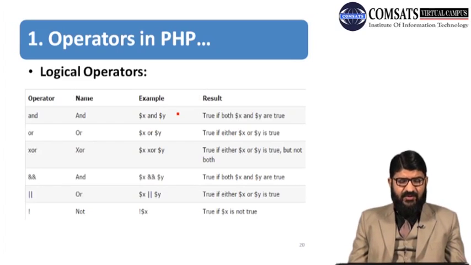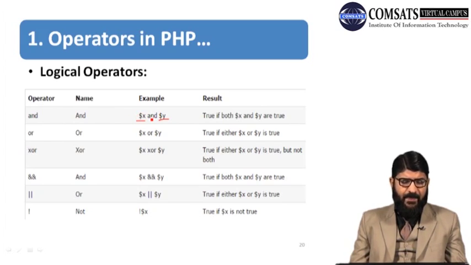So let's see all of the operators one by one. The AND operator is basically presented with simply the English word AND. For example, if it is written variable x and variable y, it will be used as a condition with a conditional statement. It will form the condition that if both the value of x and the value of y are true, both should be matched.